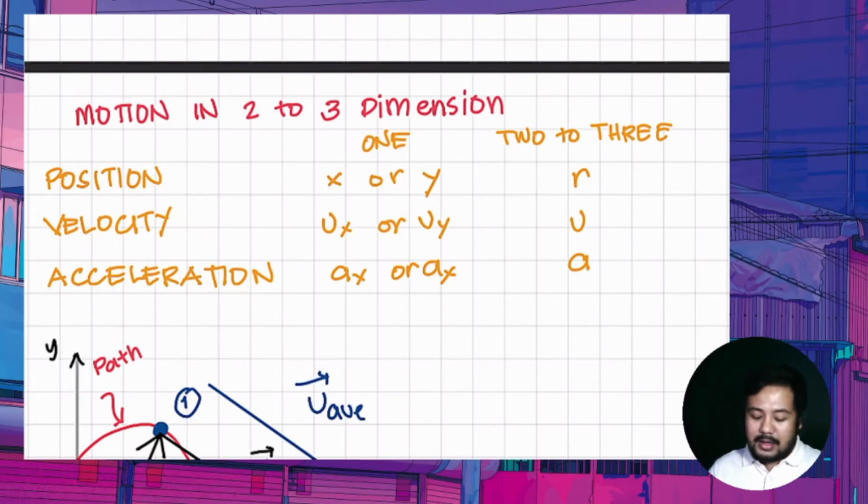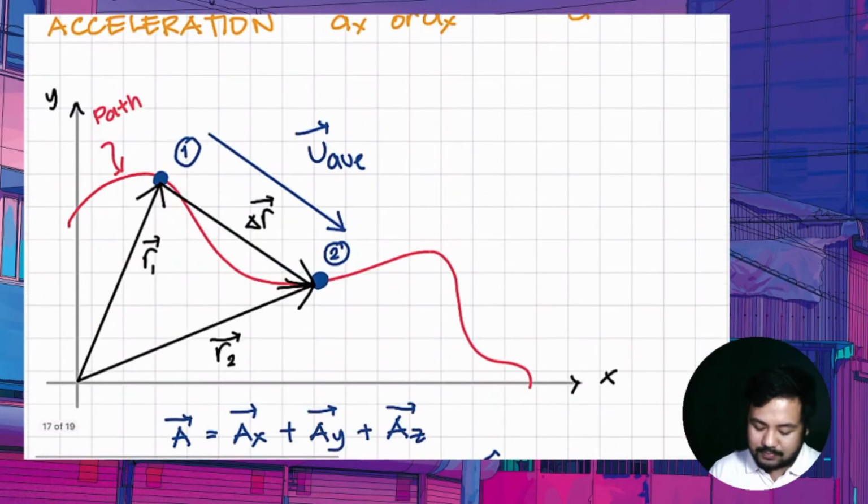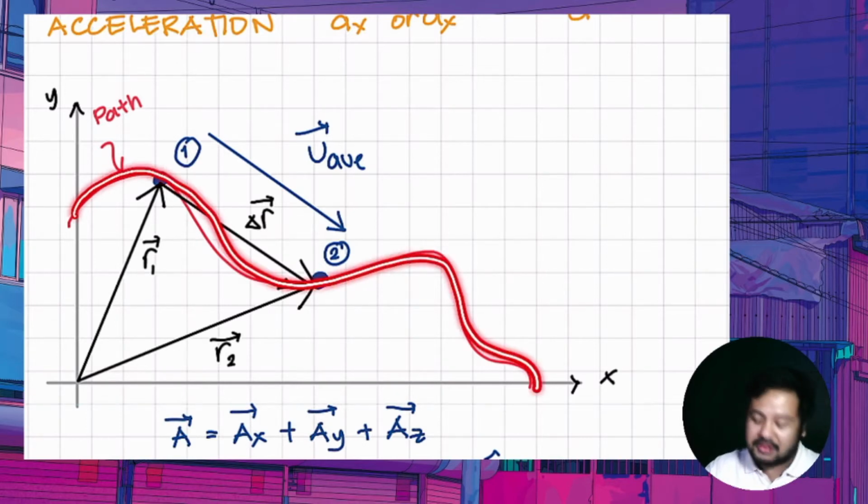Now, in drawing the velocity, the acceleration vectors, and position vectors, it will be kind of different this time. Okay, so let's have this one. So we have here a curvilinear path. So we have this path, this red path there.